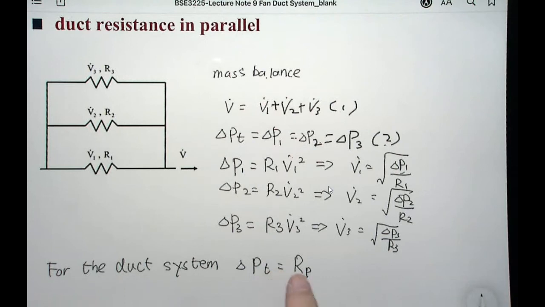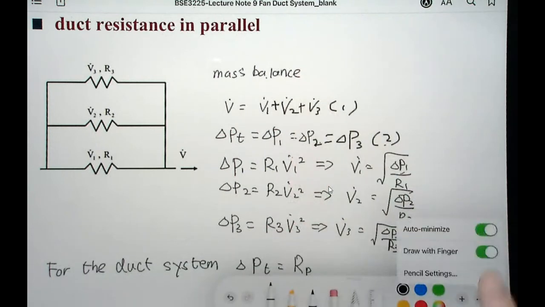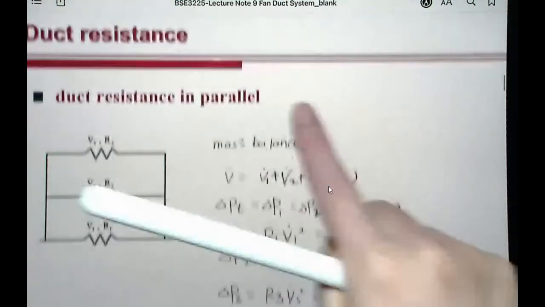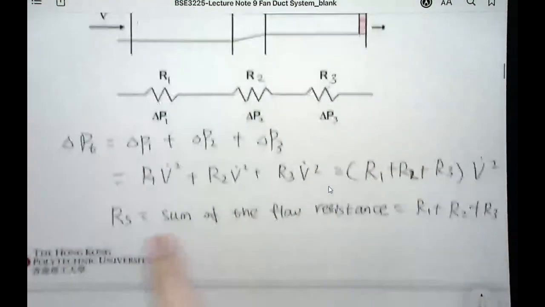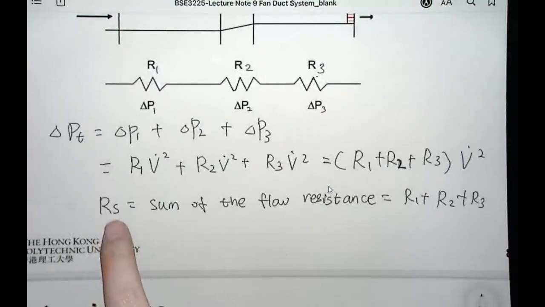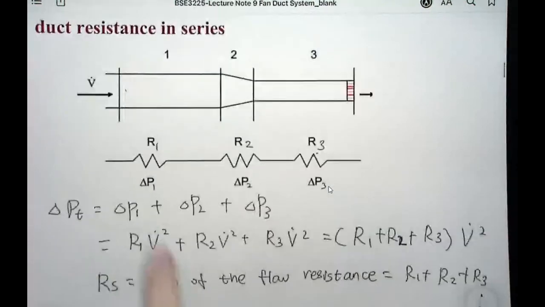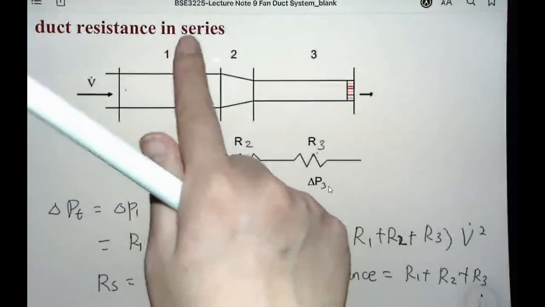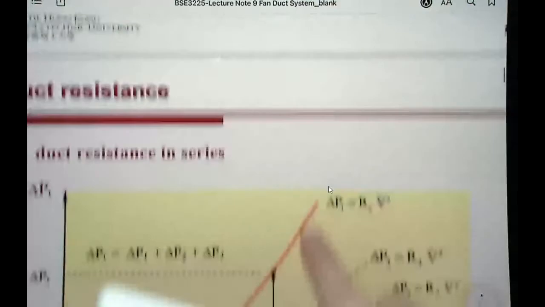Since this is the duct system connected in parallel, we have R sub P, compared with the previous R sub S for the duct system connected in series.